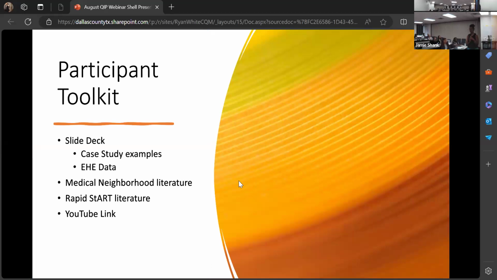So our toolkit: after every webinar, we put together a toolkit of things that we used during the session or things that could be helpful for you after the session, which will be loaded in Glass Cubes. And I think everybody has access. EHE people have their Glass Cube site, and CQM have theirs. Today's slide deck will be there.